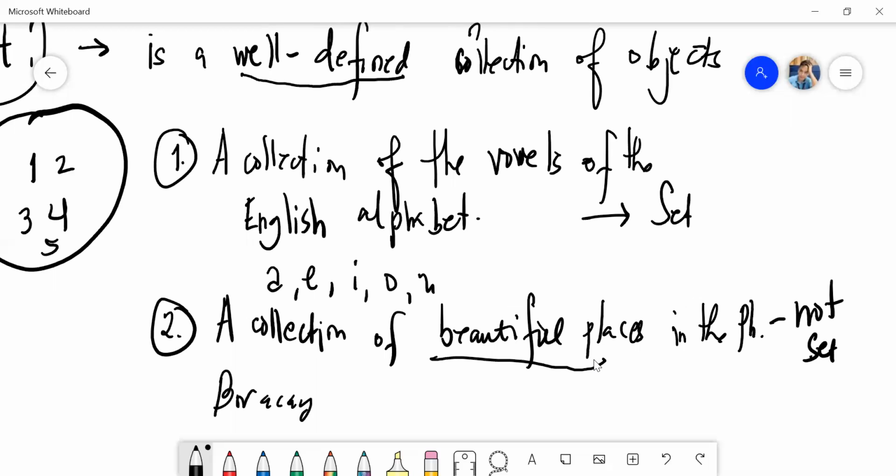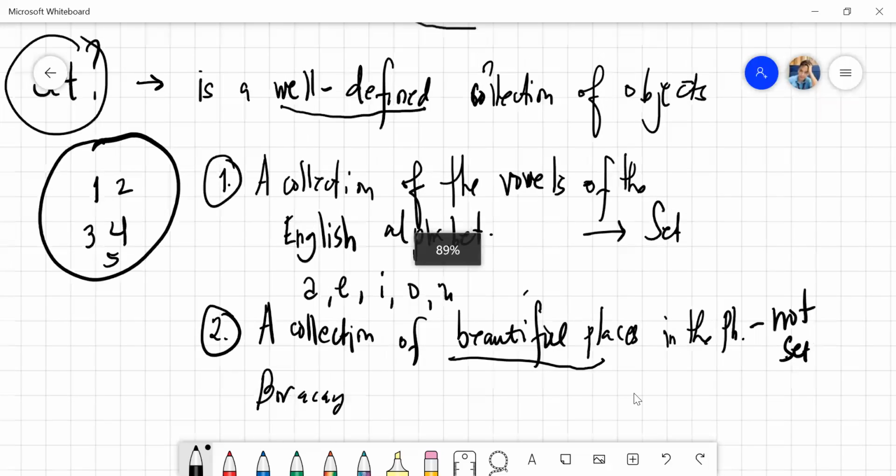So that means that this is not a well-defined collection because "beautiful places" is so vague that one thing may be beautiful for some, but maybe not beautiful for others. So therefore, in order for us to present a set, we have to make sure that everyone agrees that the set contains a certain collection. Okay.